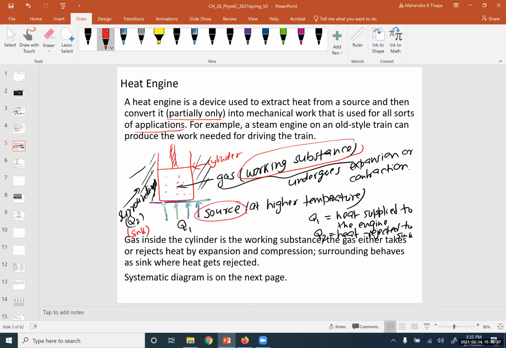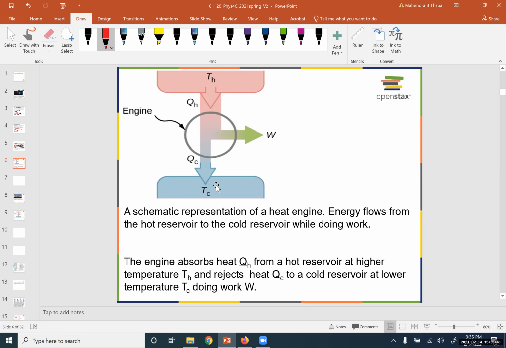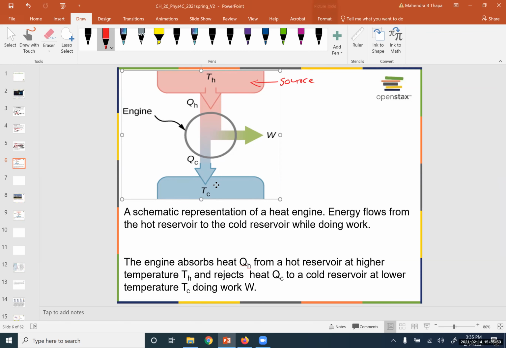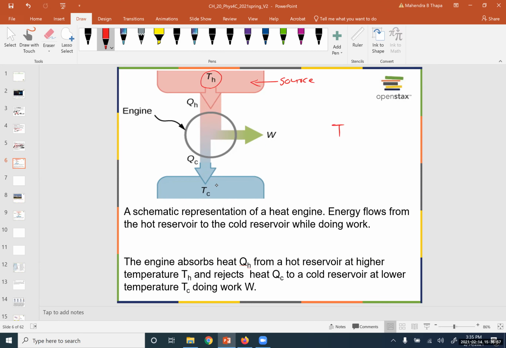In a picture, the heat engine looks like this. This is the symbolic representation of the heat engine. The source is at higher temperature T1, or TH, and TH is greater than TC. This is the sink.